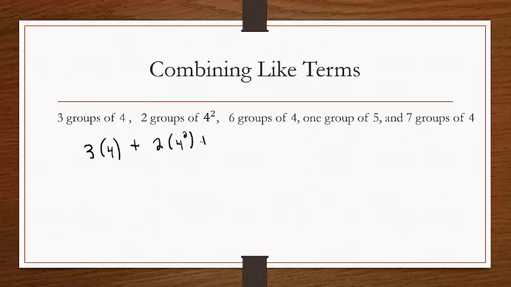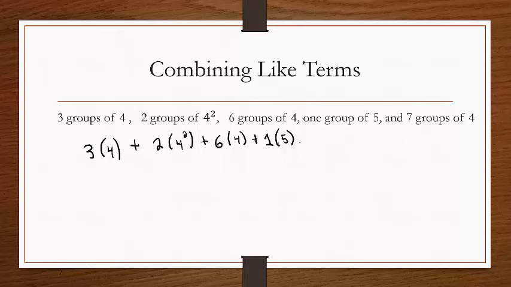I'm also going to combine 6 groups of 4. So 6 groups of 4. I have 1 group of 5. So you can either write a 5 or you can just write 1 parenthesis 5.